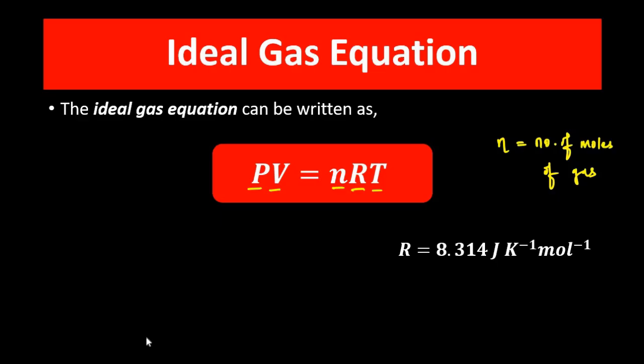So this is the ideal gas equation, PV is equal to nRT. P is the pressure, V is the volume, T is the temperature, n is the number of moles, and R is the universal gas constant.